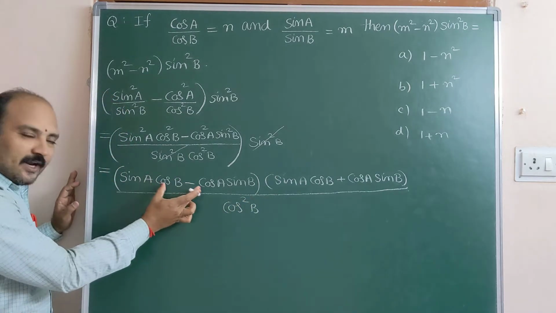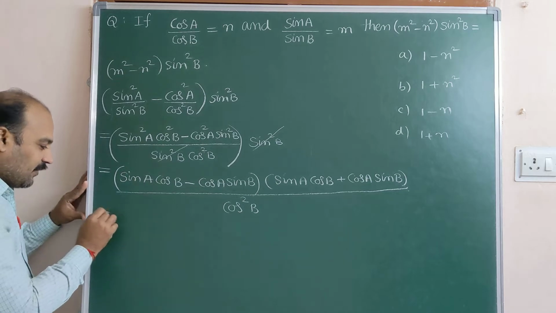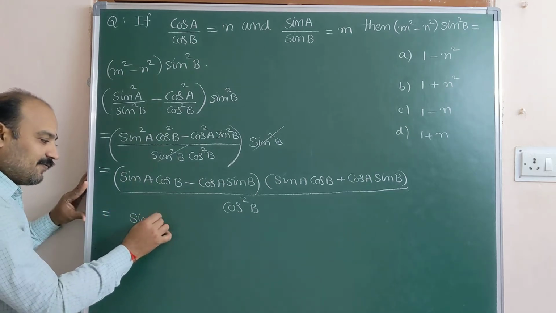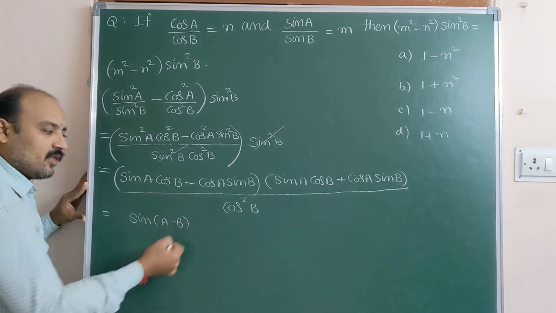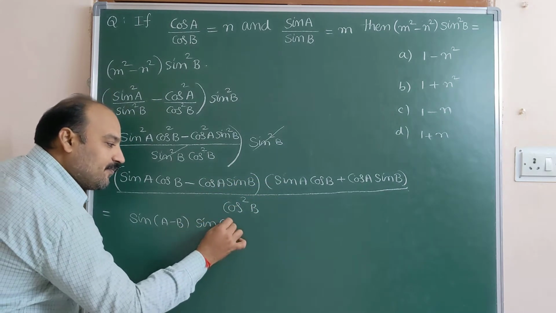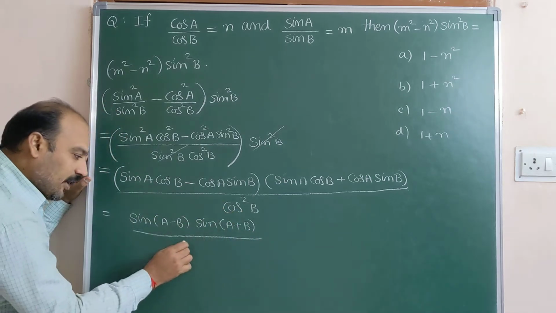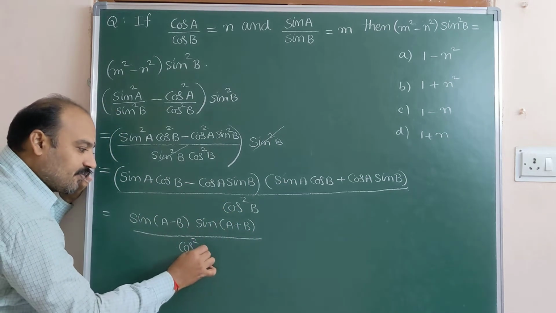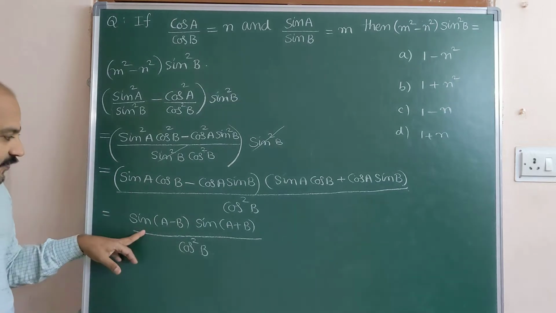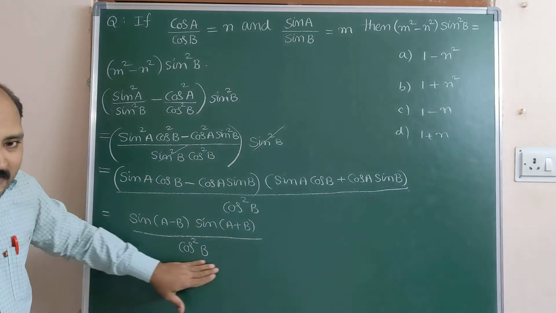So the first bracket value, sin A cos B minus cos A sin B, is the sin of A minus B formula. Second bracket value, sin of A plus B, divided by cos square B. Sin of A plus B into sin of A minus B. In the denominator, cos is there, no?